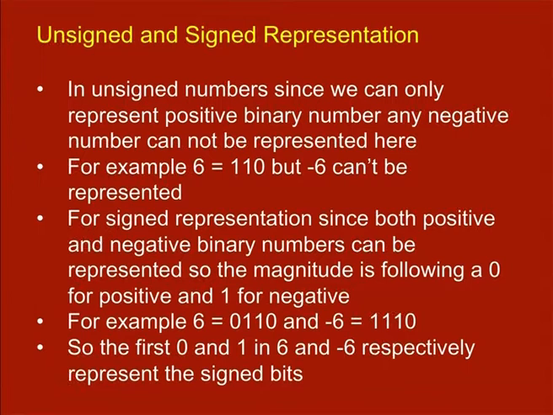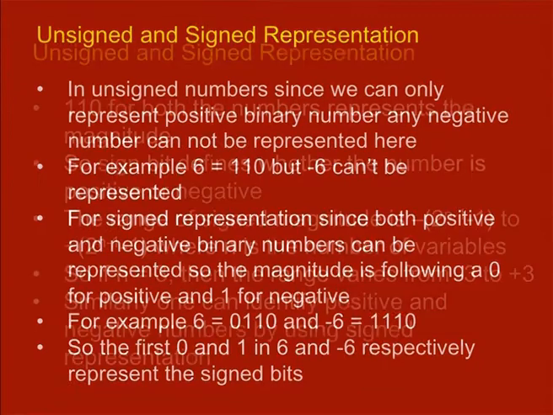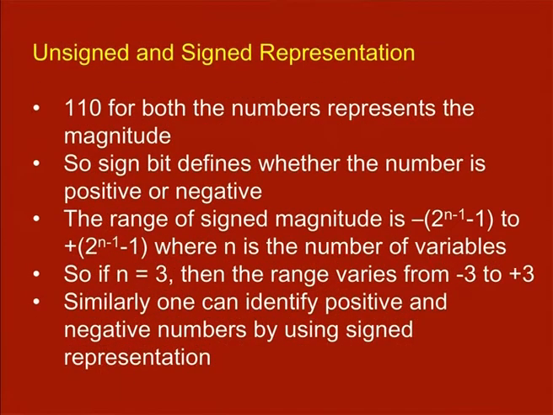So, the first 0 and 1 in 6 and -6 respectively represent the sign bit. 110 for both the numbers represents the magnitude, and so the sign bit defines whether the number is a positive number or a negative number.